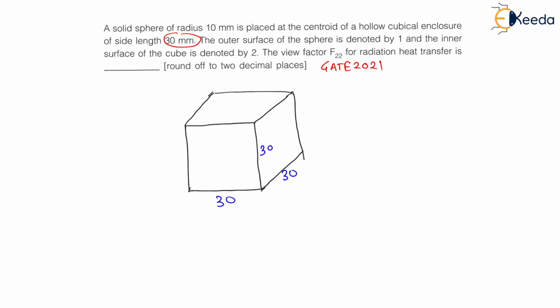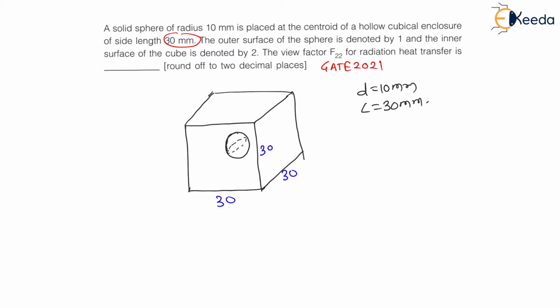And at the centroid of this cube, a solid sphere of radius 10 mm is placed. Therefore, inside this cube, the sphere is placed. Let us say this is a solid sphere like this, of 10 mm radius. Therefore, the radius of the sphere is 10 mm and the side of the cube is 30 mm.